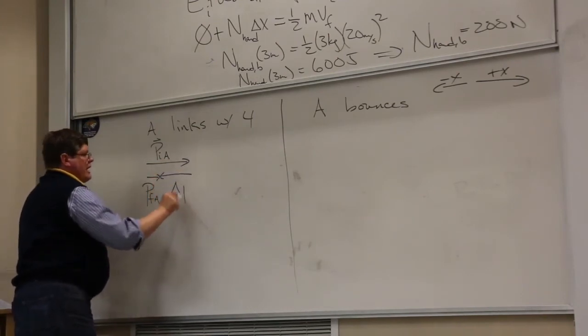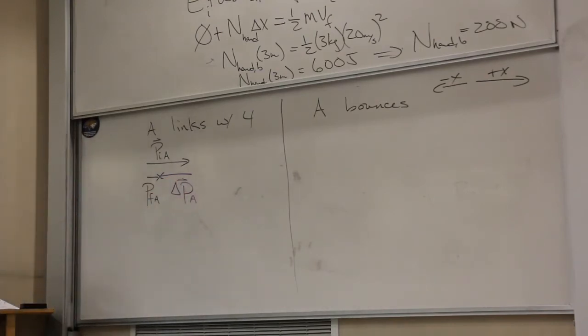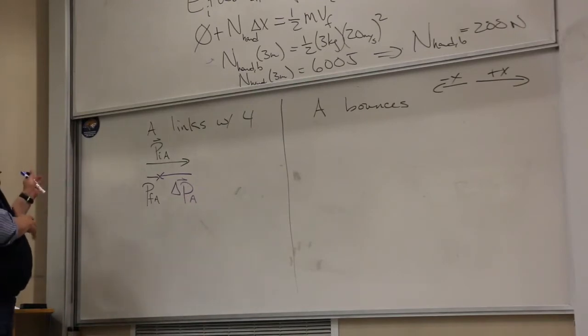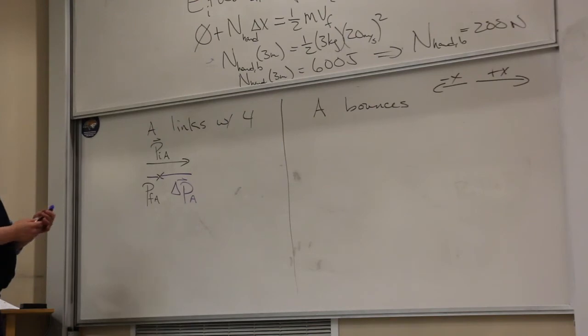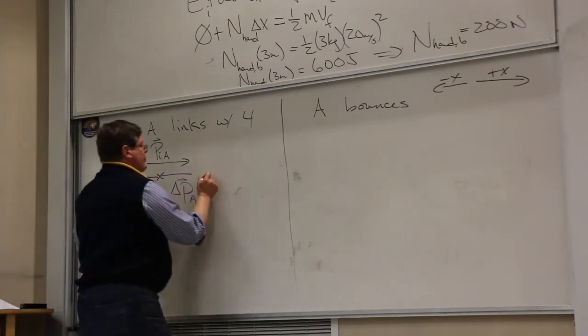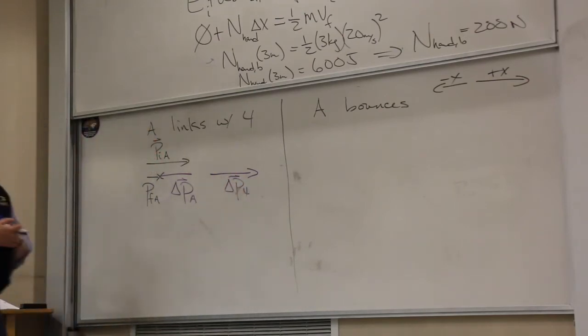That's going to be the change in momentum for A. Now that's important because whatever change A has to the left, the 4 cars have the same change to the right. So that means I would have a change in momentum for the 4, the same size to the right.